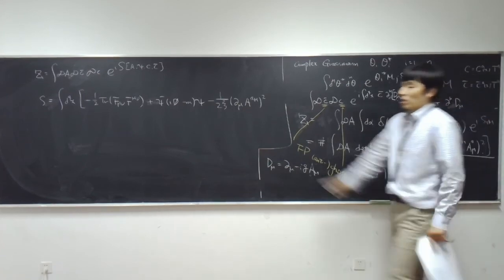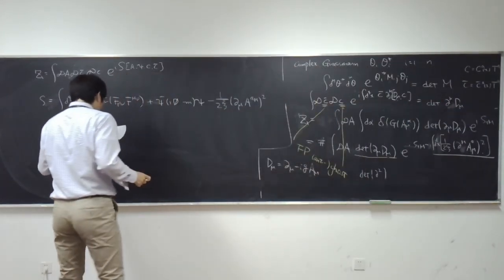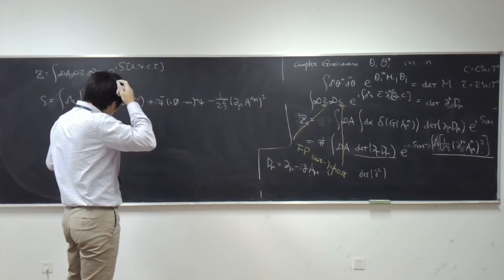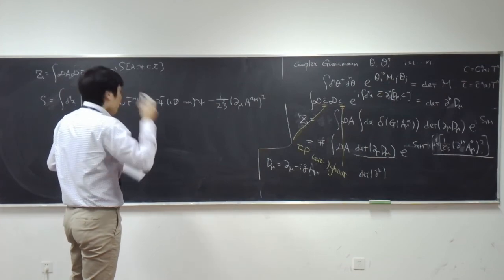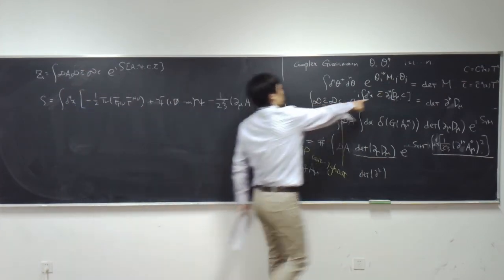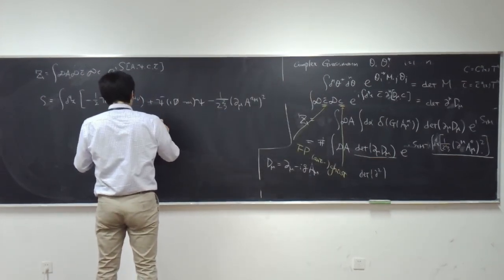This term is coming from the Gaussian integral over omega of A. And then you have to add this term, and plus the ghost term.